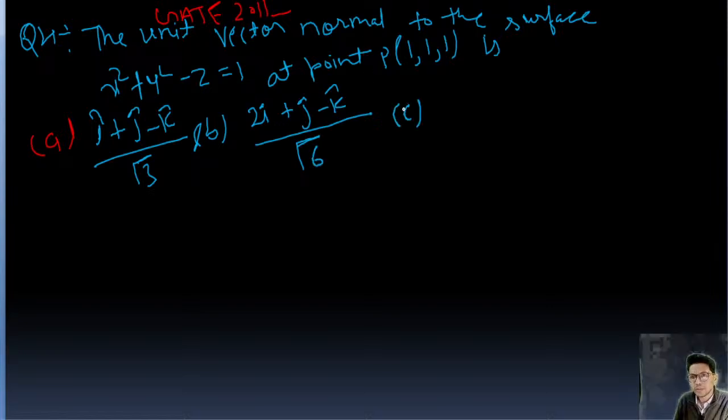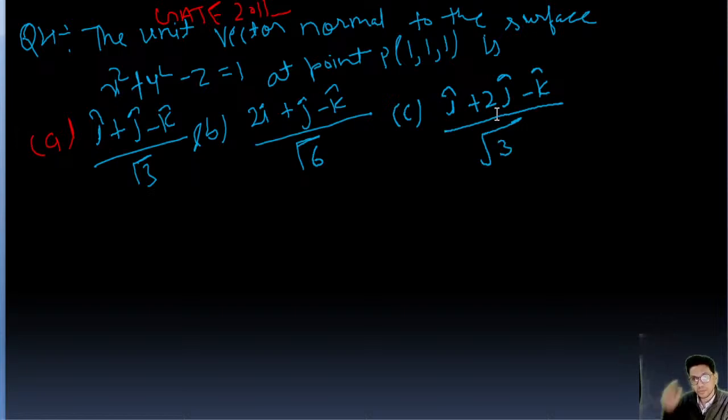Option C is i cap plus 2 j cap minus k cap upon root 6.